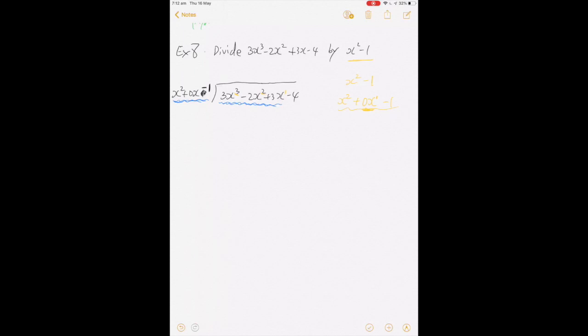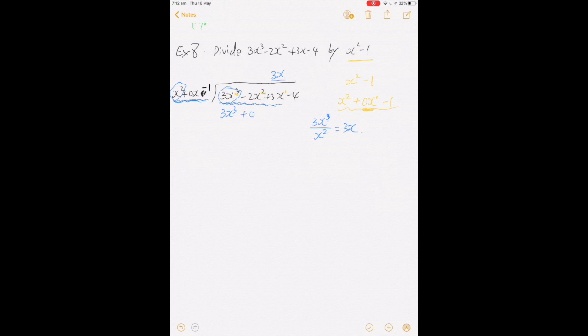Highest power term is 3x cubed. That's my highest power term, 3x cubed, divided by the highest power term of my divisor, x squared, and you get 3x. So put 3x over here. Then 3x times x squared gives me 3x cubed. 0x times 3x, then I got 0.